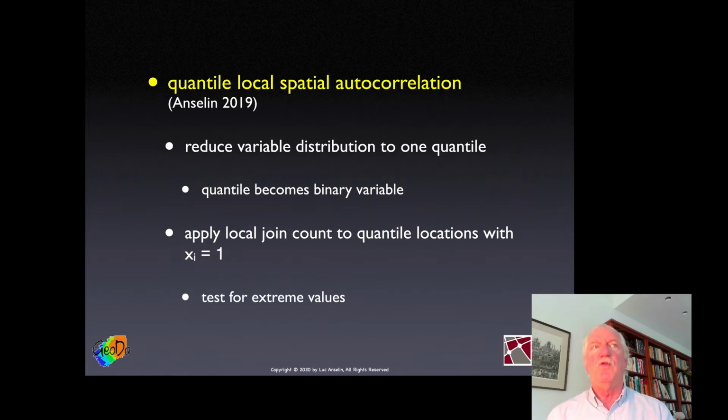If you recall, both local Moran and local Geary consider the whole distribution. So they have high, low, and things that are similar, sometimes in the middle with local Geary. What we do here is we say we don't want all this information. We just want to find out, are the extremes in this distribution somehow clustered?